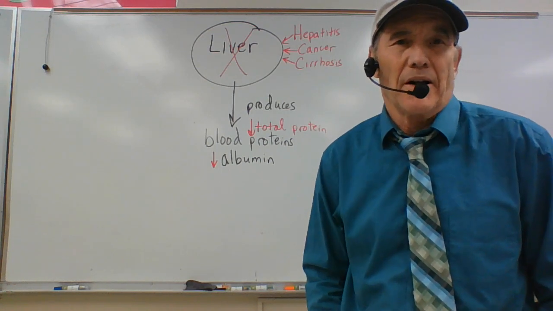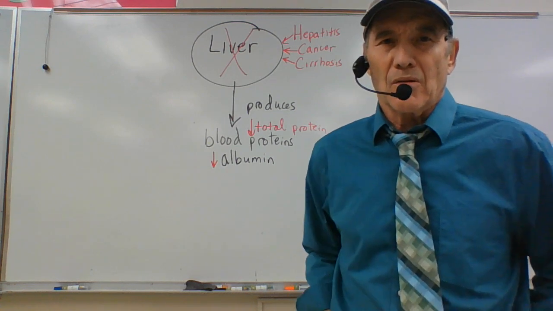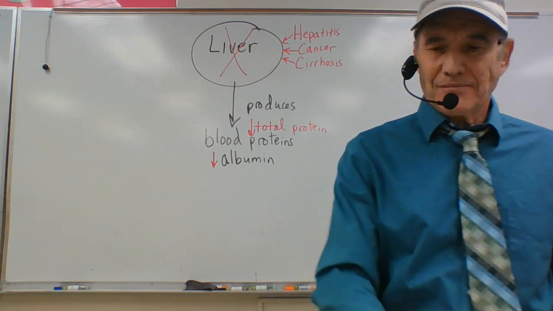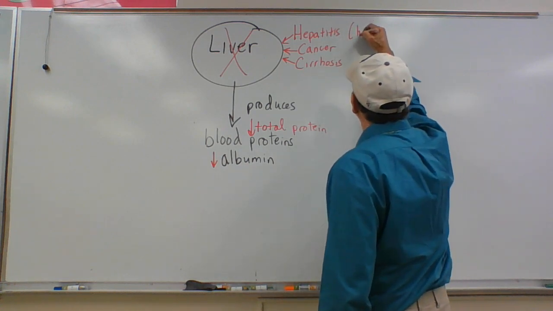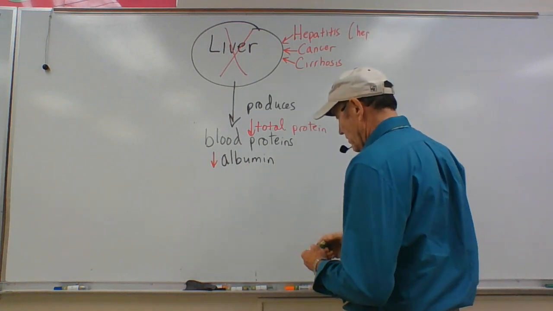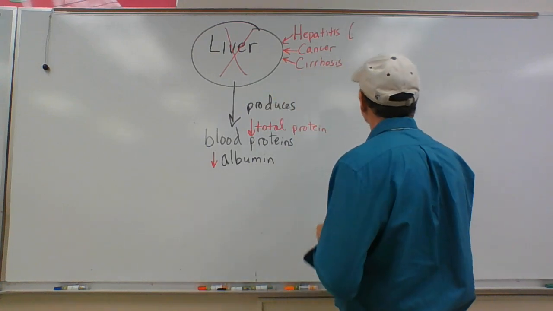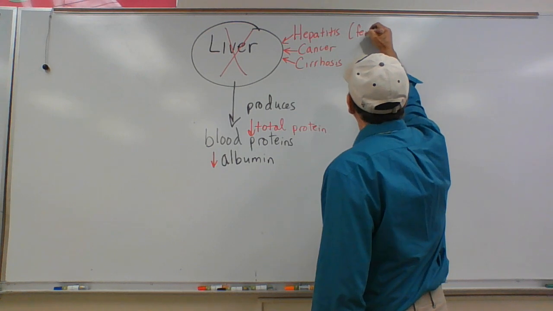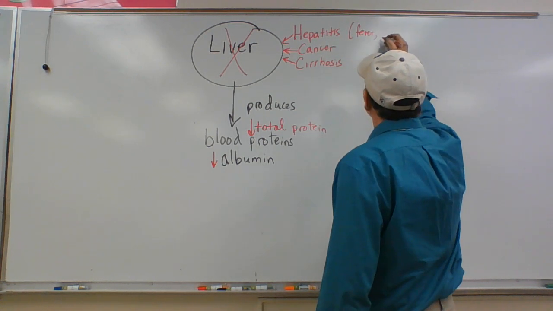So then, all right, do they have cirrhosis or cancer or hepatitis? And we did this already. Hepatitis, they're probably going to have a fever if it's active hepatitis. Any one of these could cause jaundice.